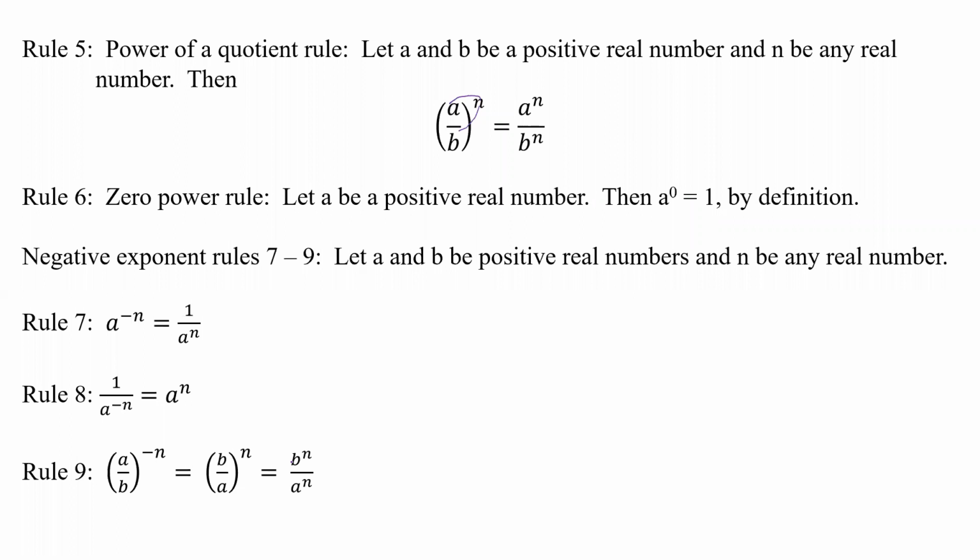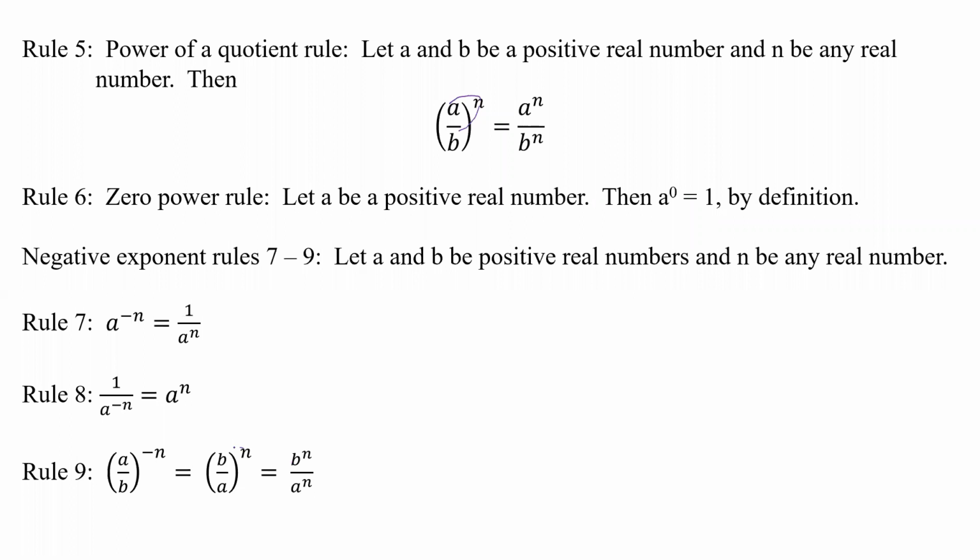All right. So those are our 9 rules that we're going to stick by. And so now we're just going to do some examples on solving and simplifying exponents. All right, so the first one, let's say we have 4 times 2 squared.